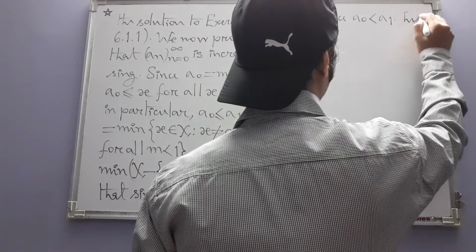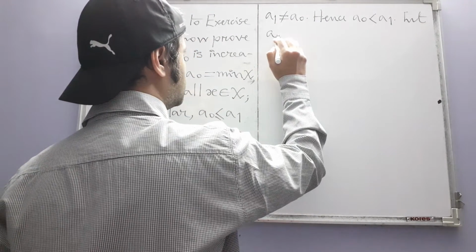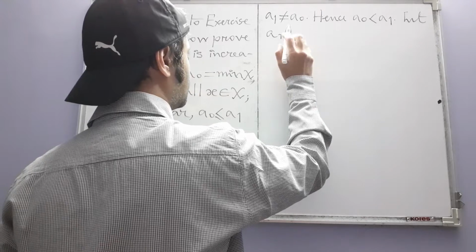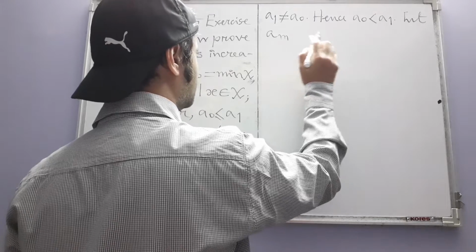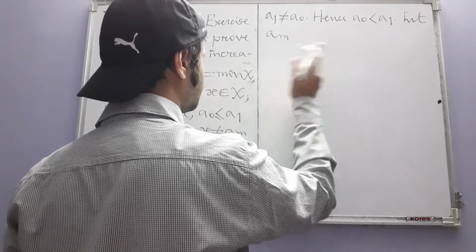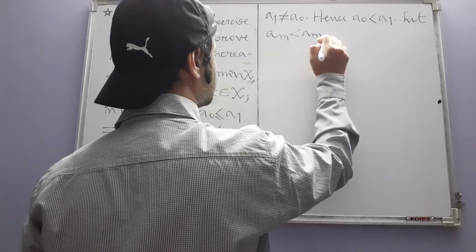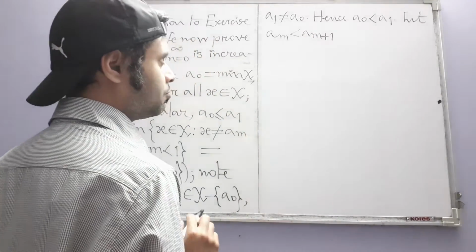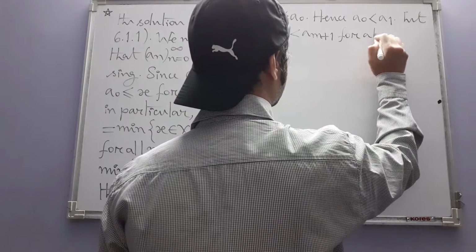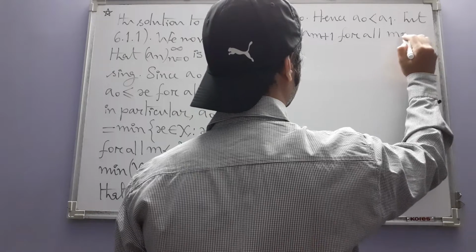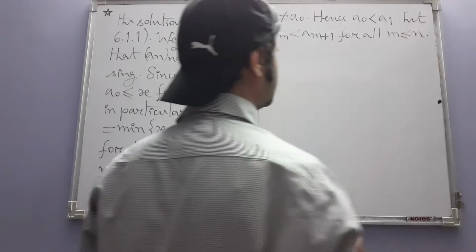Now let us use strong induction. Don't really know whether we will need strong hypothesis or not, but let's just be safe and consider the strong hypothesis. am be less than am plus 1, for all m less than or equal to n.